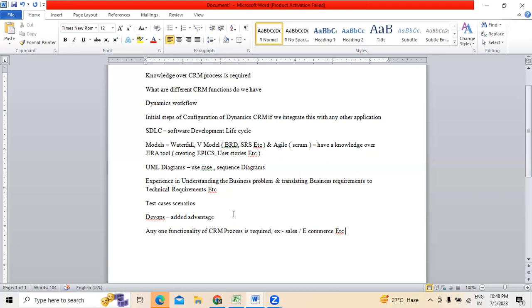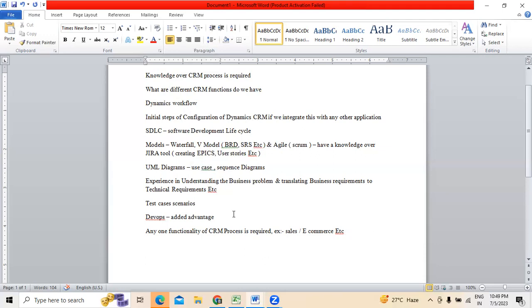At least one CRM process needs to be known to an individual who wants to become a BA in the context of Dynamics. As an example, whatever we have taken is sales. Sales CRM is what we have generally taken, and we have worked on the sales CRM. Whatever I have shown you relates to sales CRM.